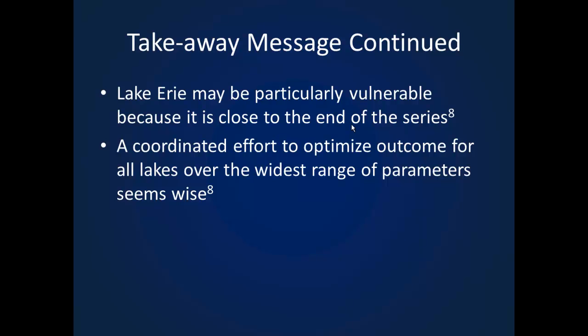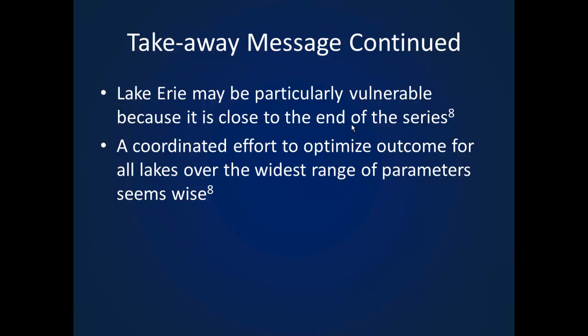They didn't state this directly, but from what I read, I infer that Lake Erie might be particularly vulnerable. It's the second to last lake in the system, which means whatever they do upstream will impact it. And it's a shallow lake that already experiences high variability in water level.